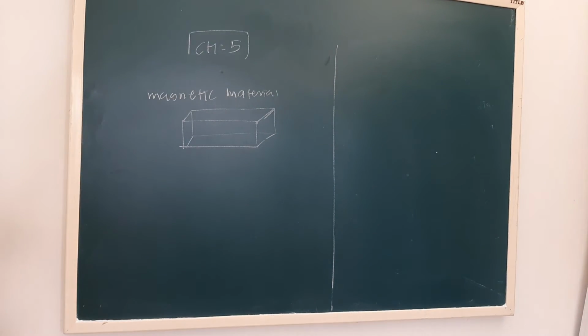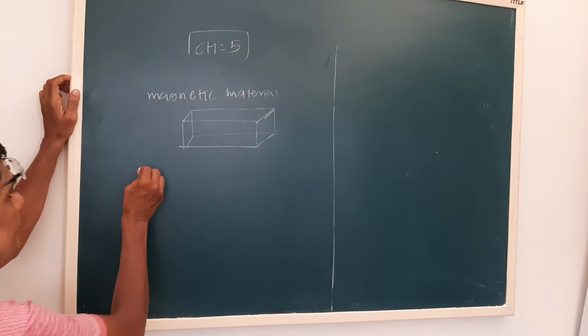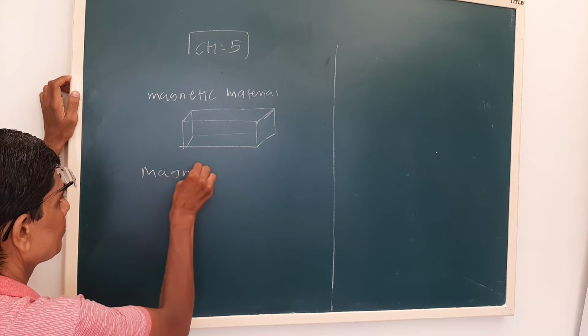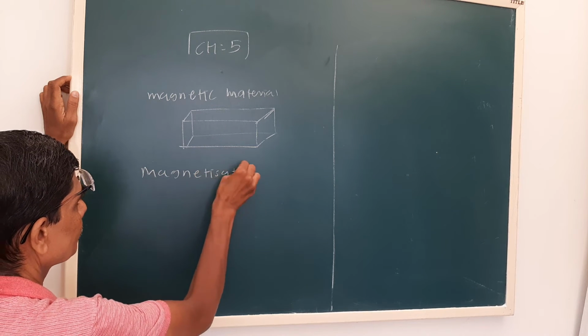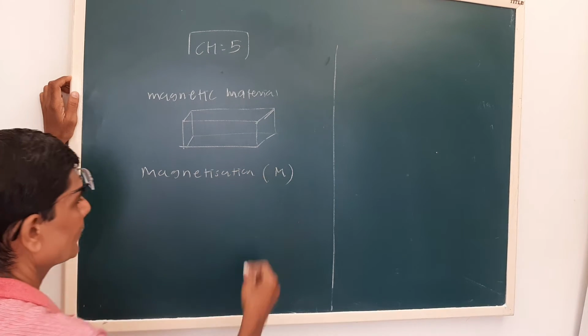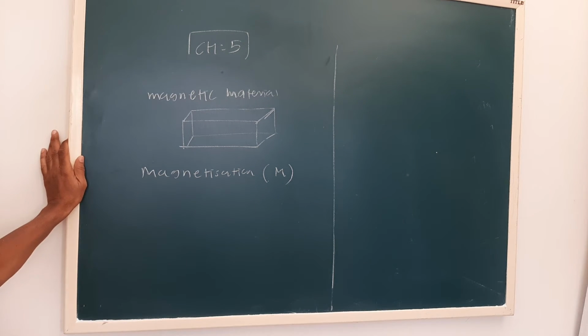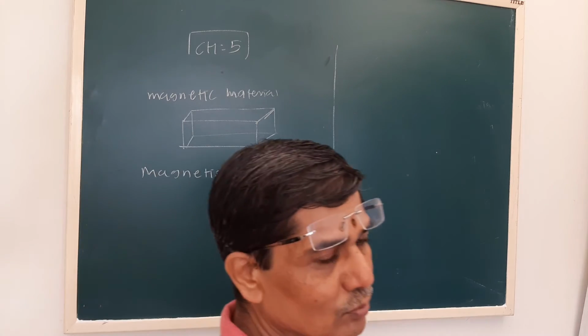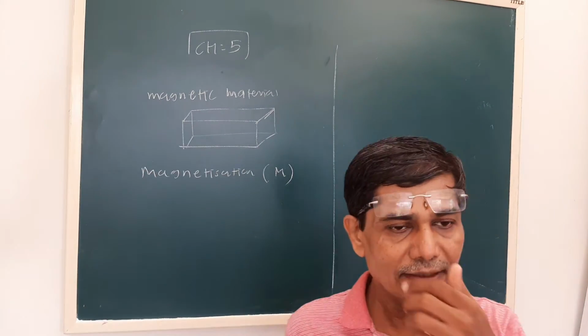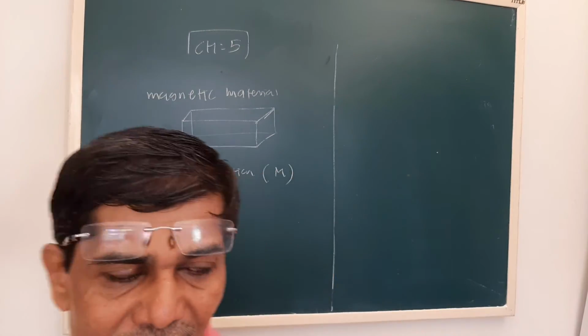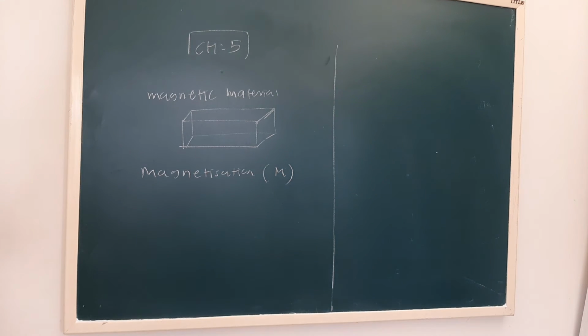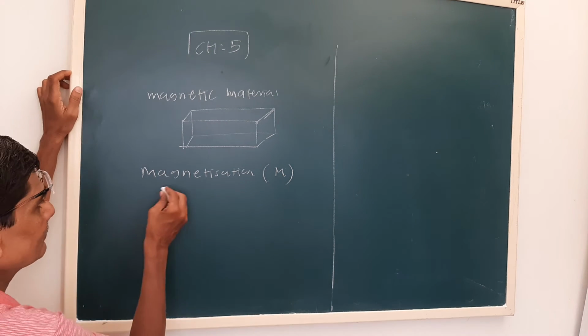The magnetic property of a magnetic material is represented in terms of magnetization, denoted as capital M. Small m is the magnetic dipole moment, whereas capital M is the magnetization.